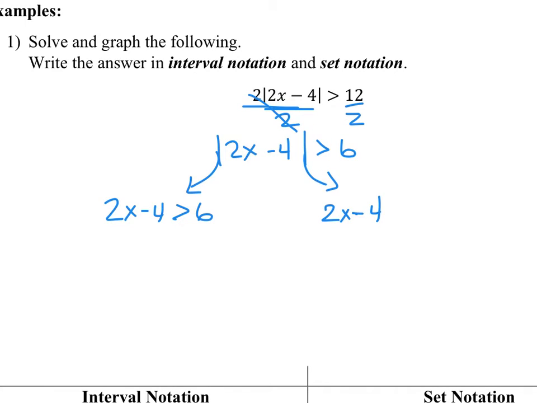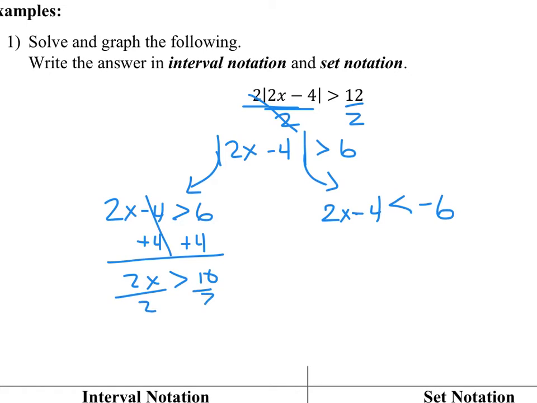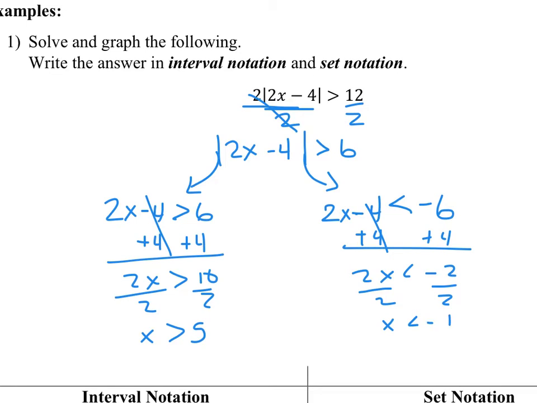Okay, so the inequality gets reversed, and the 6 goes to a negative 6. And then you solve. So x is greater than 5. And x is less than negative 1. Okay, when we're solving this, that's it.